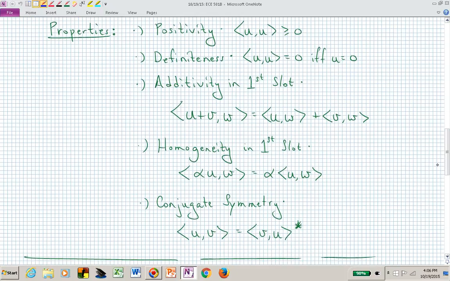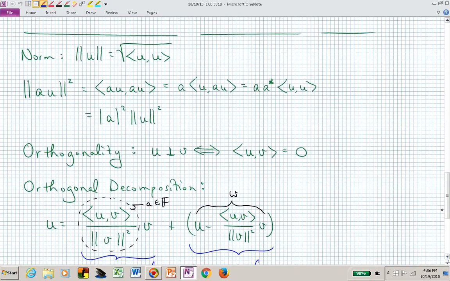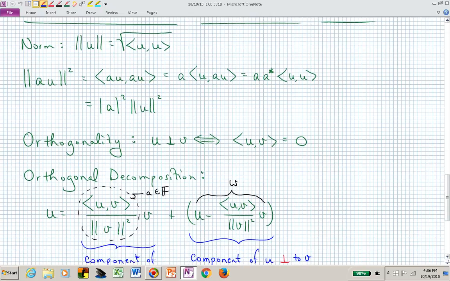And we had conjugate symmetry, which means if we interchange the slots with our vectors, we have to conjugate the result, meaning the inner product of u,v is equal to the conjugate of the inner product of v,u. Some other consequences of the inner product: we defined a norm, which is simply the positive square root of the inner product of u with itself.